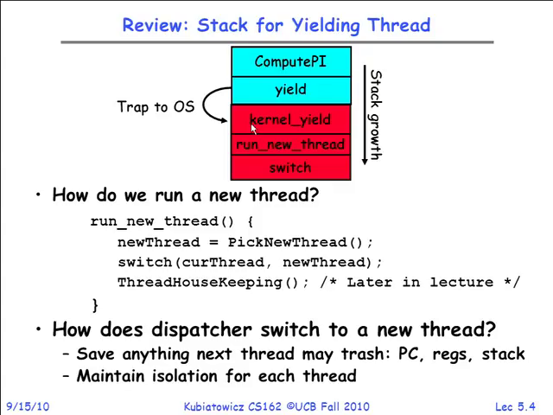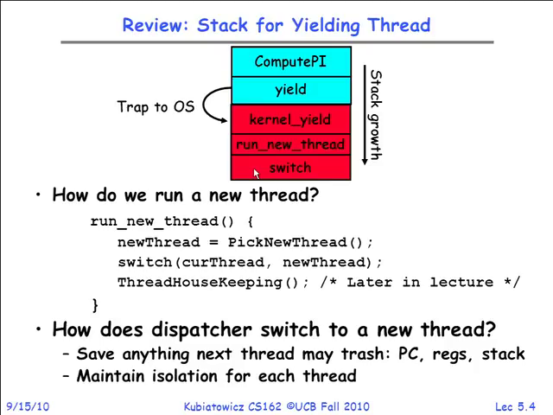That's a great question. Can anybody answer that question? Will it get saved into a return address register when you jump into the kernel? So first of all, when we jump into the kernel, the actual return PC is stored in a register. That's a good answer, but it's not quite the full answer. Let me give you the full answer.